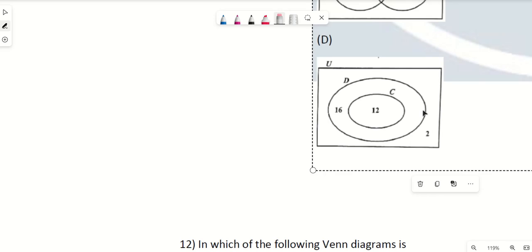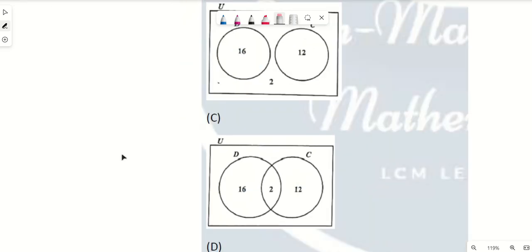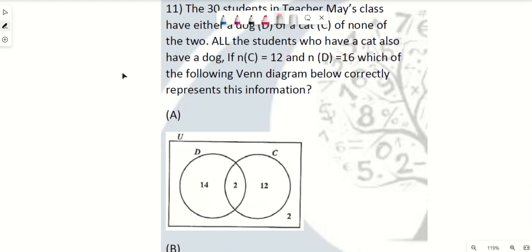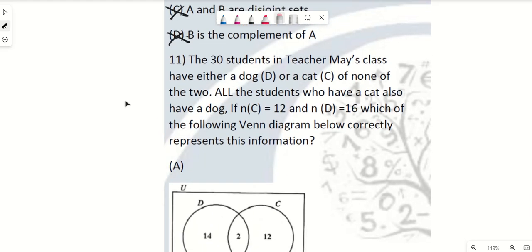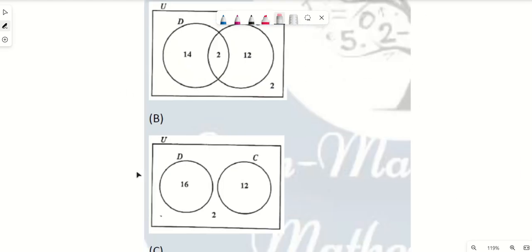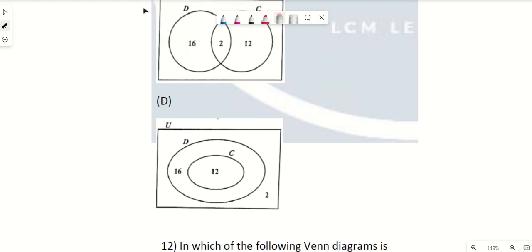So we're saying that C is a subset of D. So if we read it, C is a subset of D, that would be option D. We are seeing this is a subset. This is how a subset Venn diagram looks. Okay?